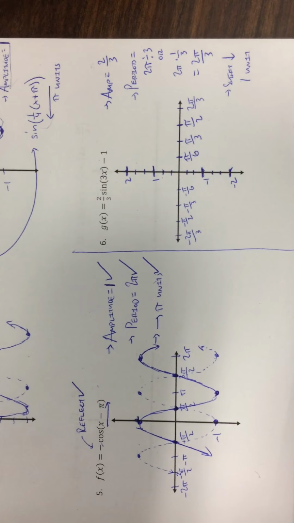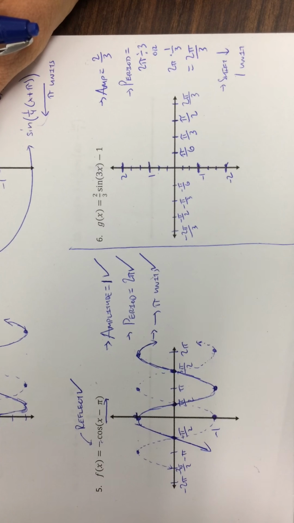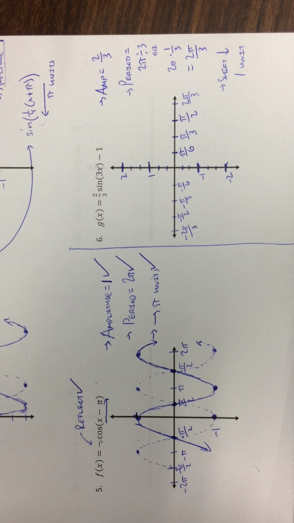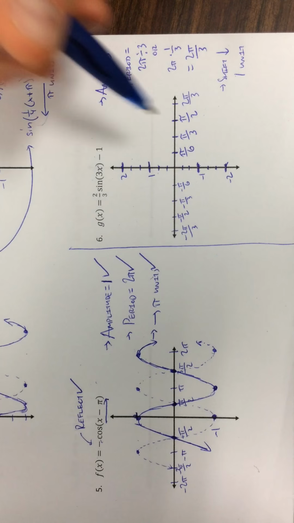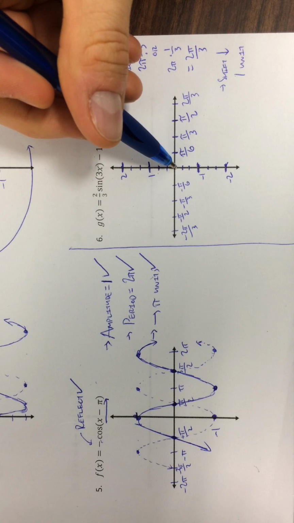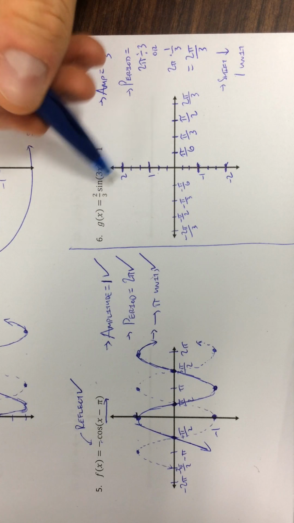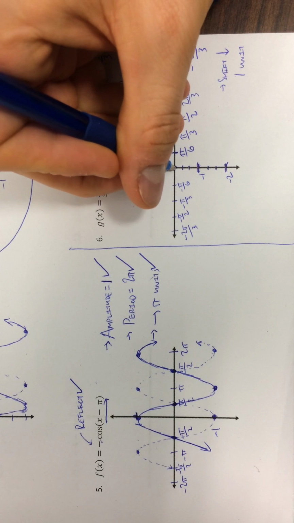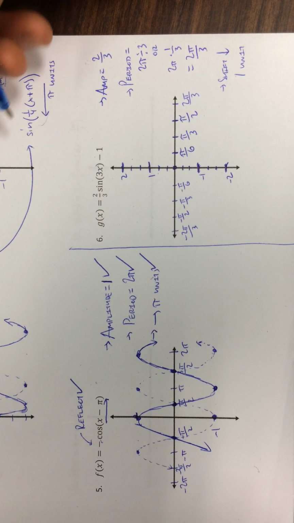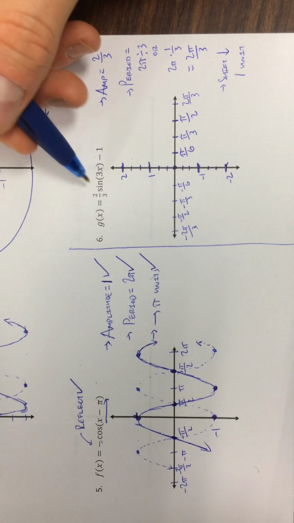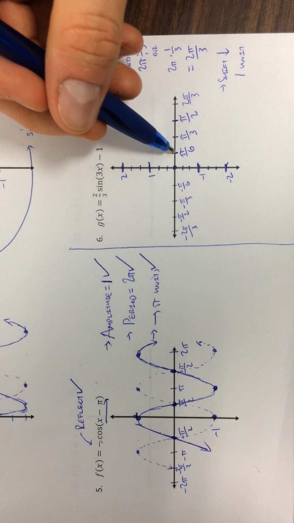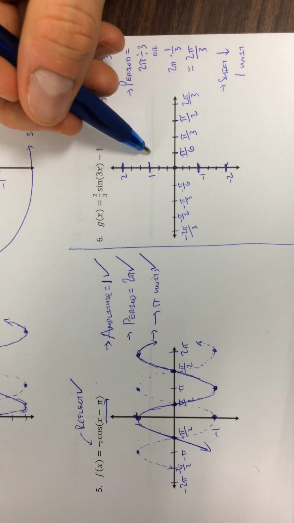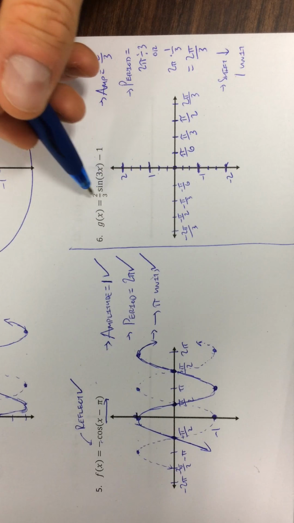Now I'm going to continue using the same technique that I've been using. So the sine parent function, quote unquote, starts at 0, 0. I'm going to multiply that by 2/3 to get 0. Then, because we're multiplying by 3, here this would go up to 1. 1 times 2/3 is 2/3.